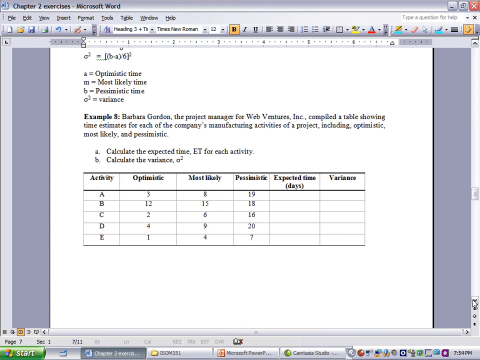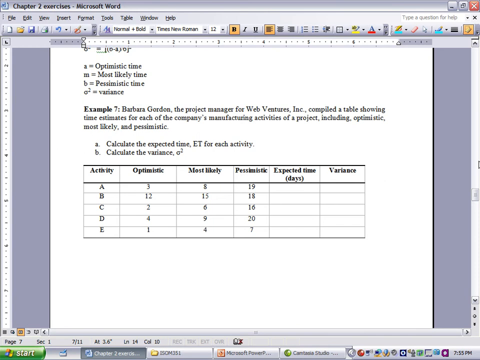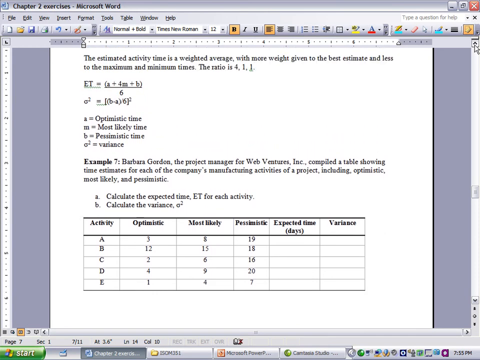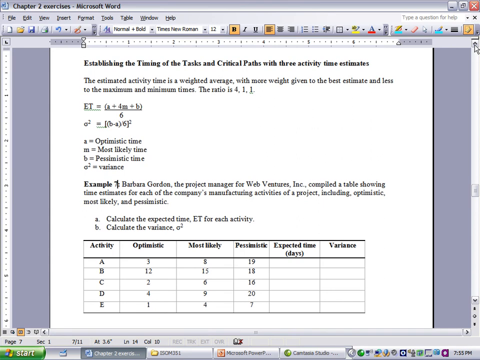Okay, next example will be example number 7. Sorry for the typing. Example number 7 is about assessing risk.